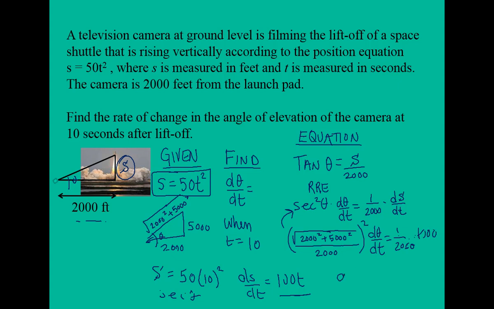So now we could solve for our d theta dt. If we calculated that out, we would get 2 over 29 radians per second.